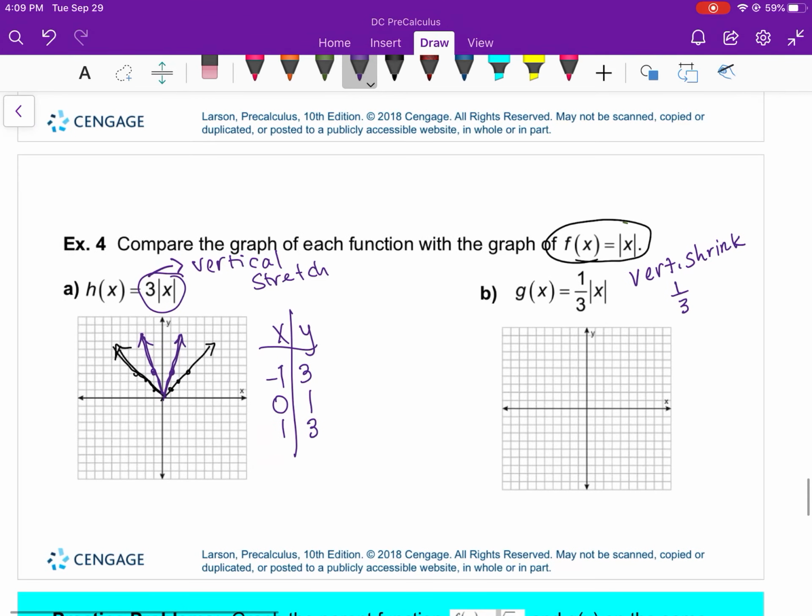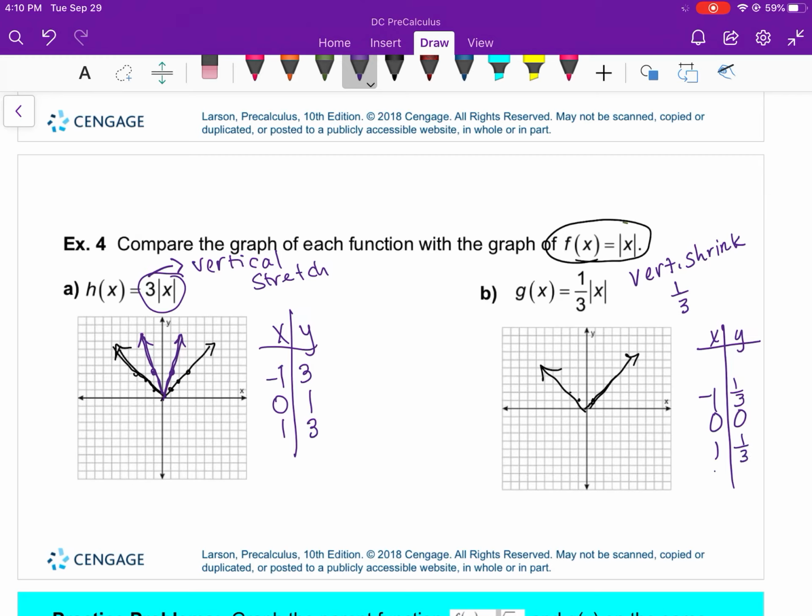All right, for 1/3, it's going to be wider because that's what a vertical shrink does. So my original again, coming through. All right, kind of cuts each quadrant in half there. And then if I want to graph the original one, but 1/3 of that, 0, 0 is fine. 1 or -1 will be 1/3.